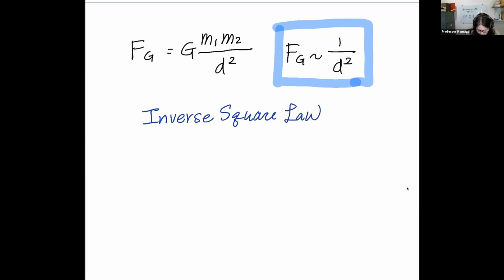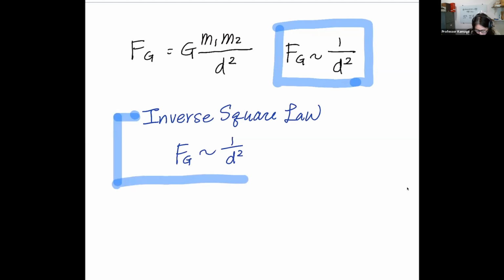Right? It's related to 1 over d squared. What it means is that the gravitational force weakens by 1/4 if you double the distance in between. If you increase the distance by 2, it weakens by 1/4.